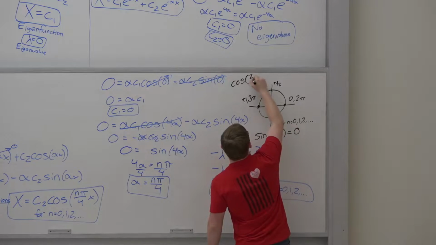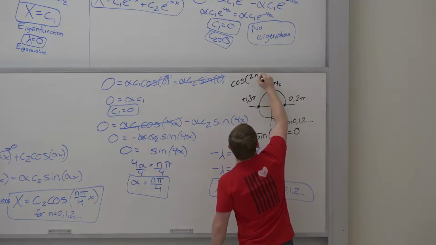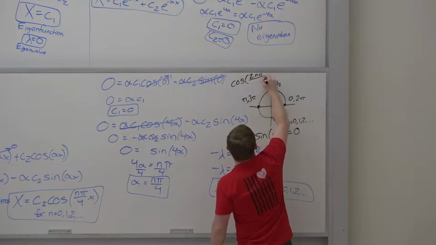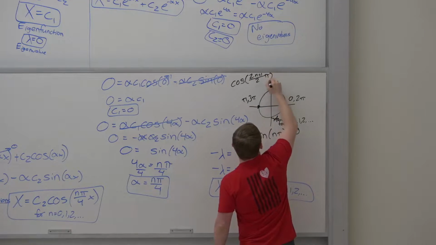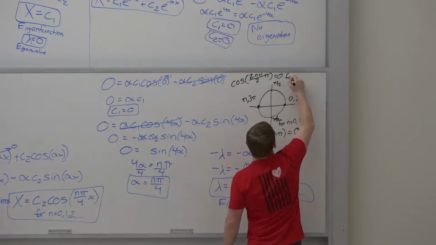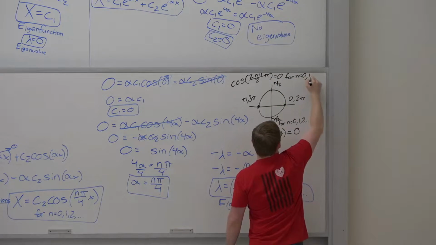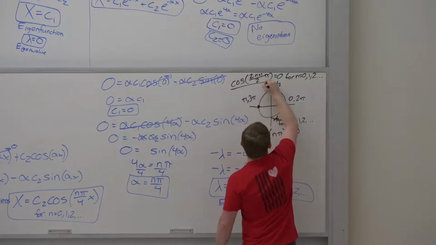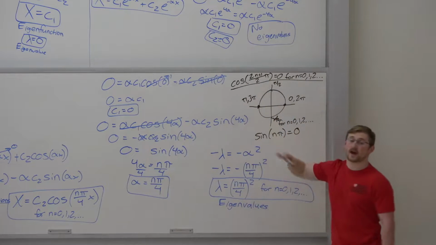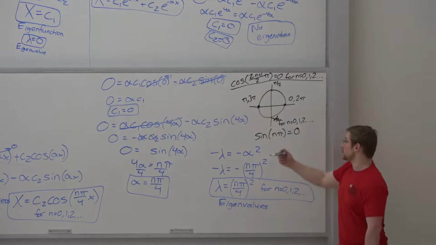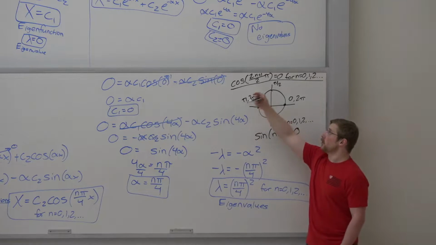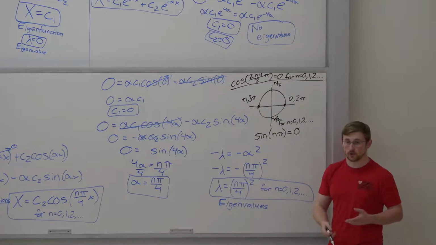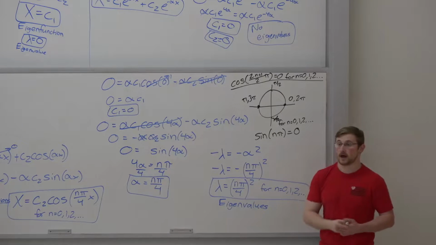We like to write that as 2n plus 1 over 2 times pi is equal to 0, where n is 0, 1, 2, and so on. So if it was cosine having to equal 0, instead of just n pi, it's now 2n plus 1 over 2 times pi.